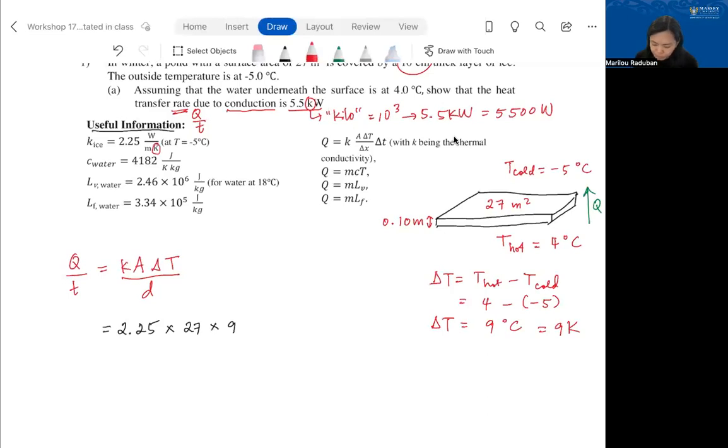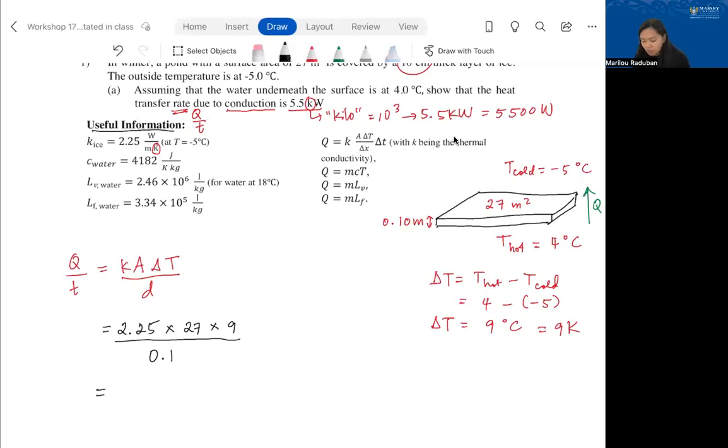But okay, divided by the thickness. So the heat will be transferred over the thickness of the ice, right? As it moves from hot to cold regions, it will have to pass through this 0.1 meter thick ice. So d, the thickness, is 0.1.